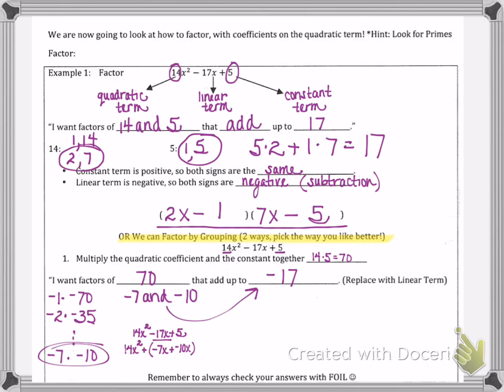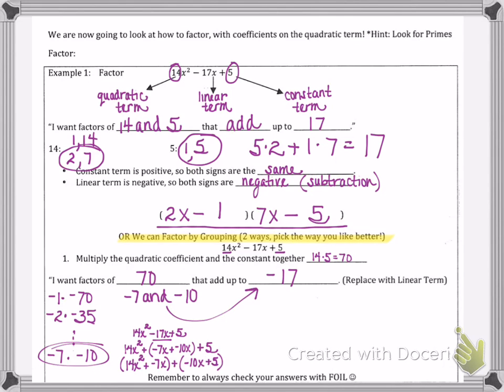So I'm just replacing that middle linear term with two terms that add up to give that to me. Well, this isn't in factored form, so I'm going to switch parentheses around the first two terms, 14x squared and negative 7x, and the second two terms, negative 10x and 5.